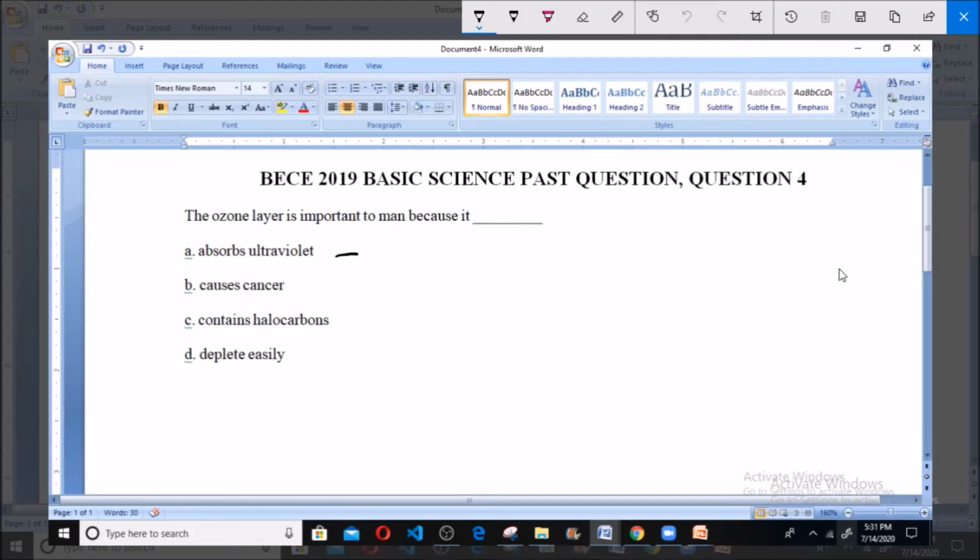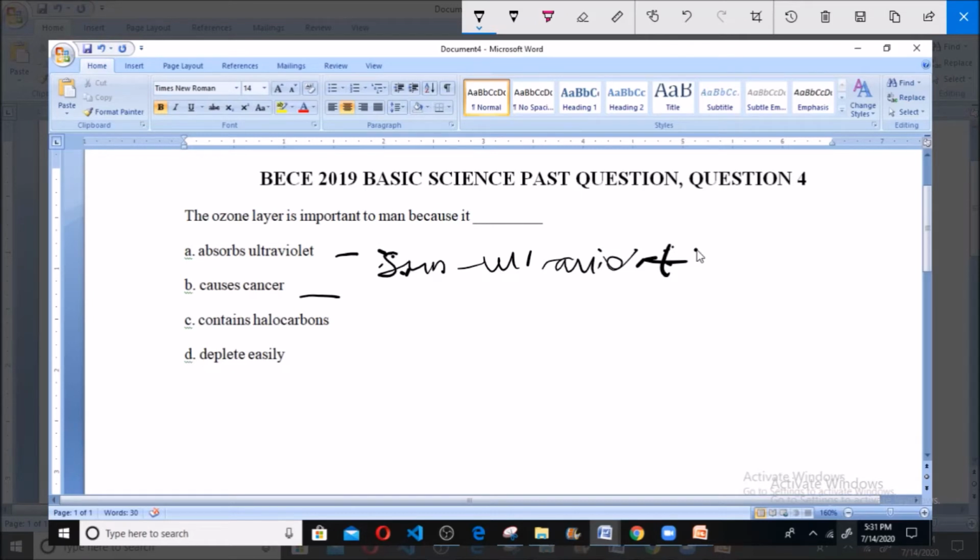Now the sun itself is an ultraviolet ray, and these ultraviolet rays are harmful to humans. So this ozone layer helps to do what? Absorb these ultraviolet rays.